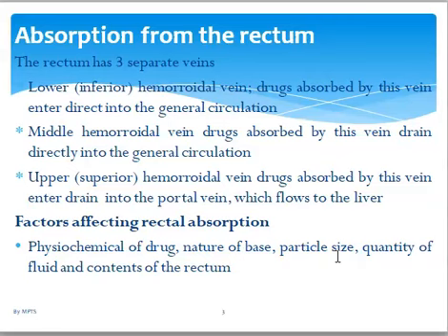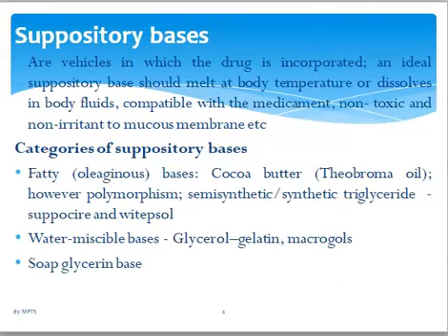That's why it is advisable for patients to drain the bladder or the rectum before use of the suppository, because imagine just after inserting them, the patient requires to go for other duties. What will happen? The drug will be expelled.